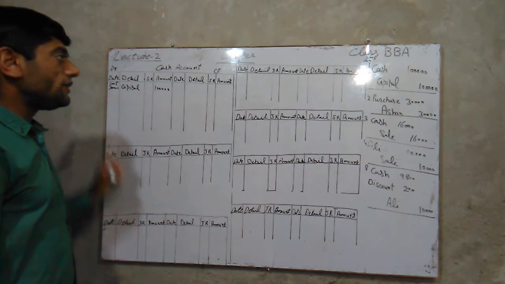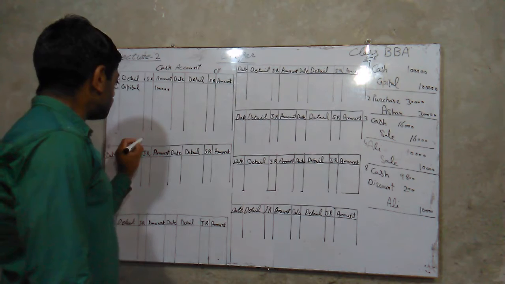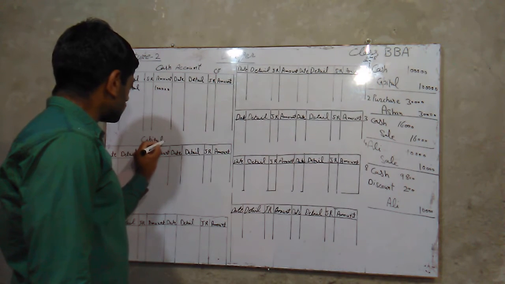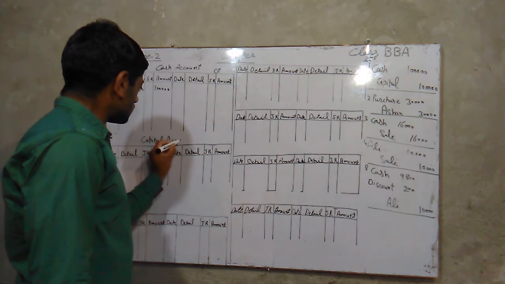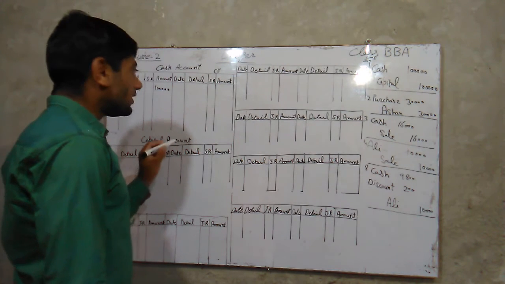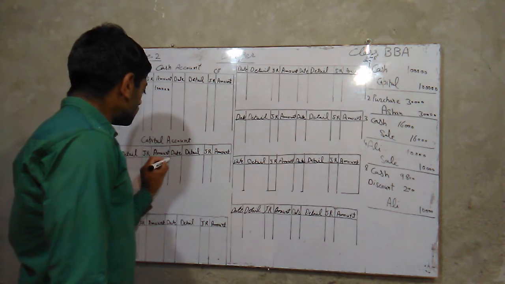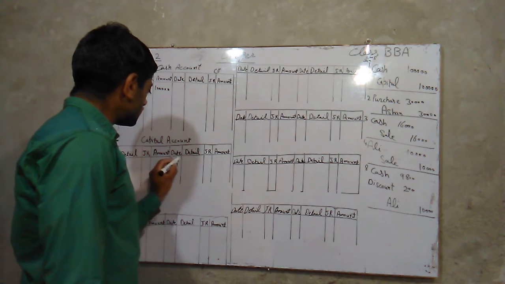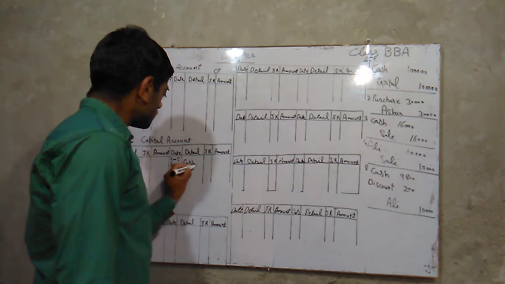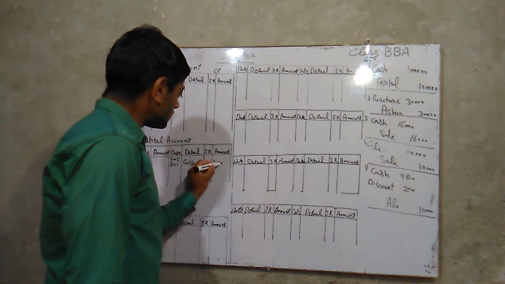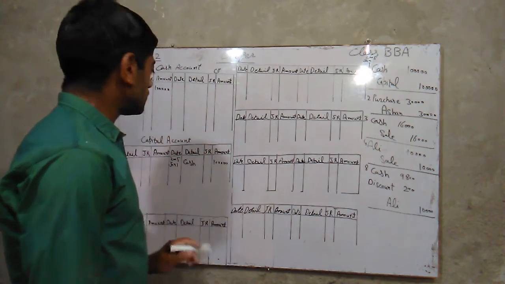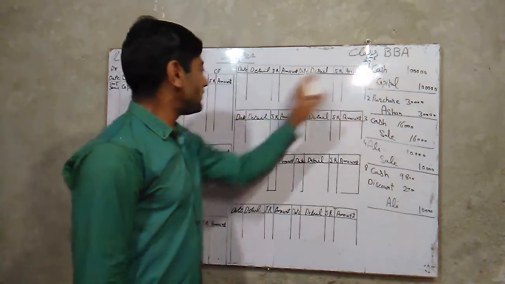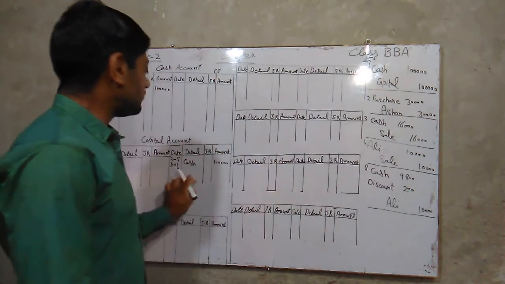And capital credit due to cash, in the capital account, on January 1st, 1 lakh amount. So the first transaction is posted to the ledger, in the first account and the second account.